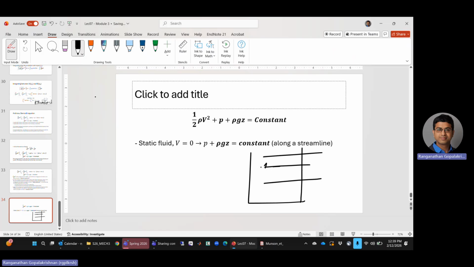Between any two points on the streamline, P plus rho g z is a constant, meaning if it is at the same height, the pressure has to be constant. It of course doesn't apply in the transverse direction because if you're traveling in height, you are jumping between streamlines. So you can apply this along the horizontal, but not along the vertical.